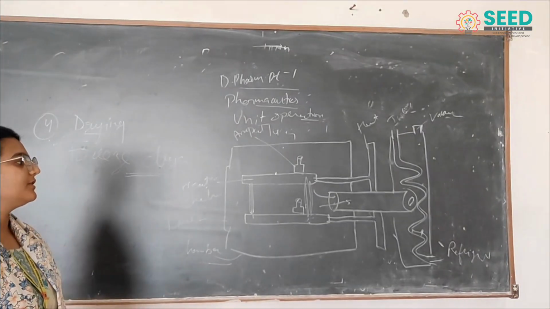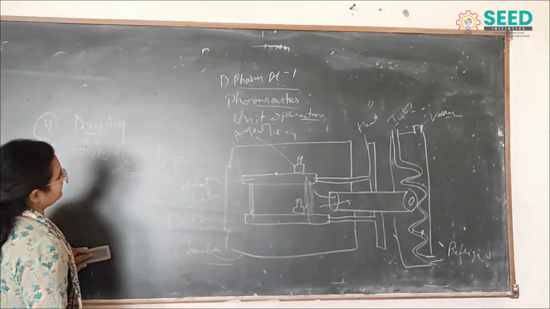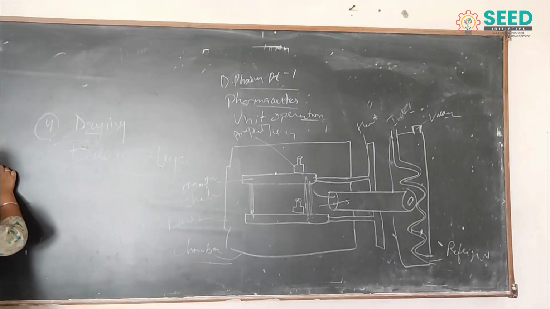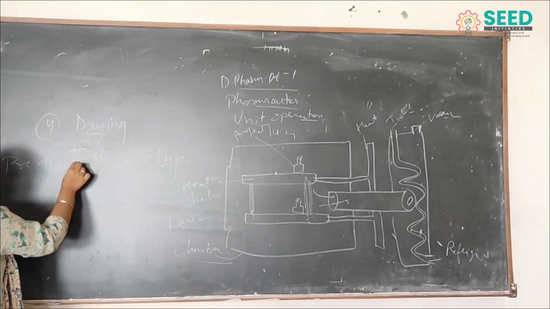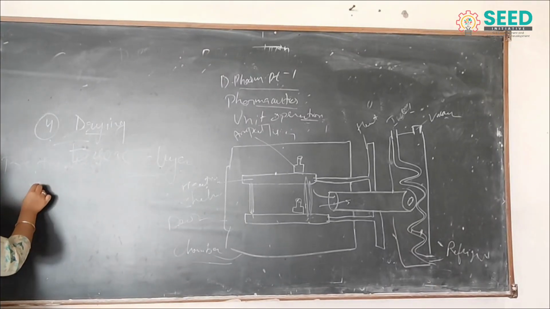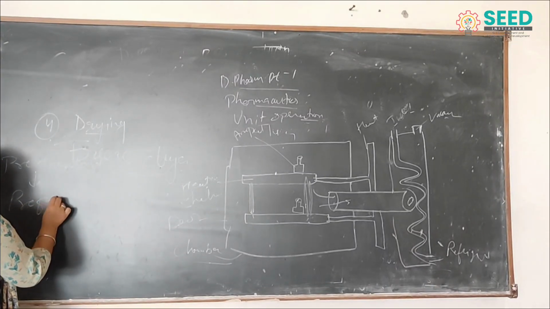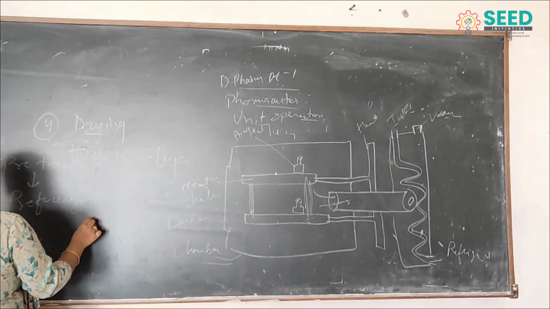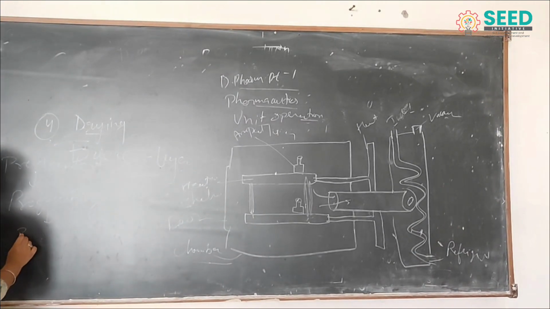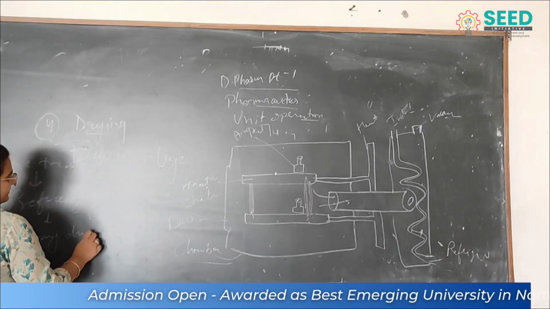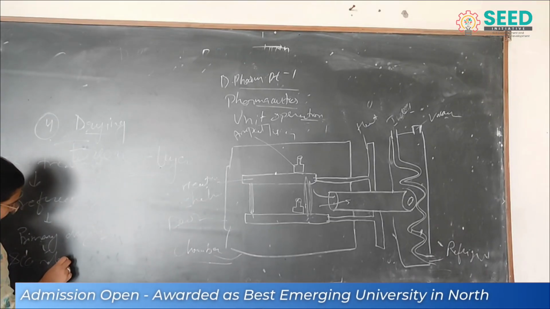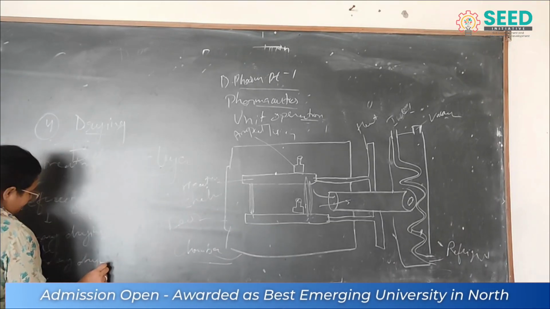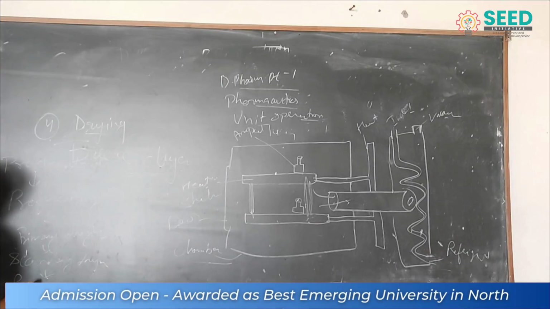Okay, now the process of the freeze dryer: pre-treatment, pre-freezing, primary drying, secondary drying, and packing.